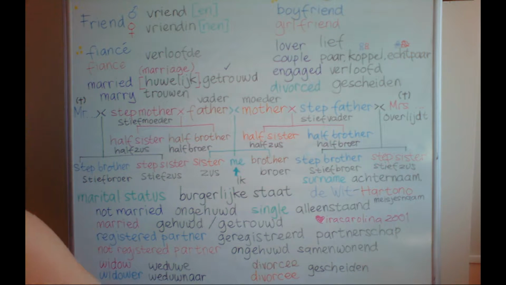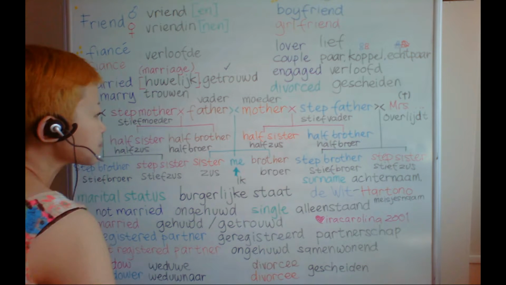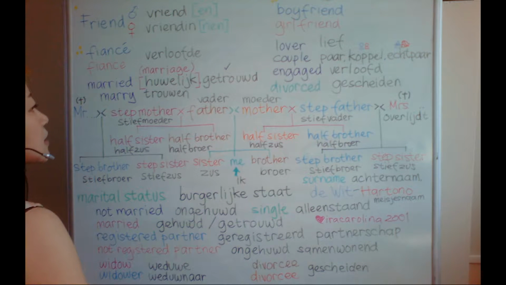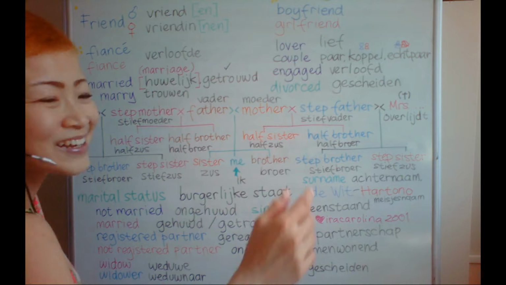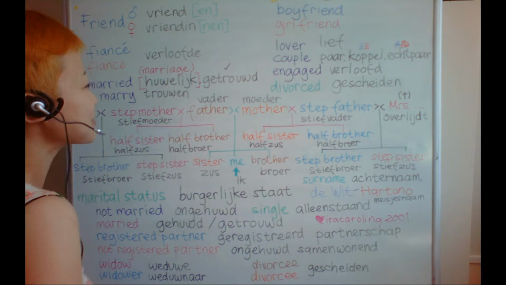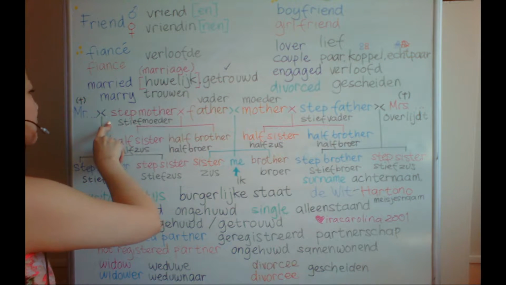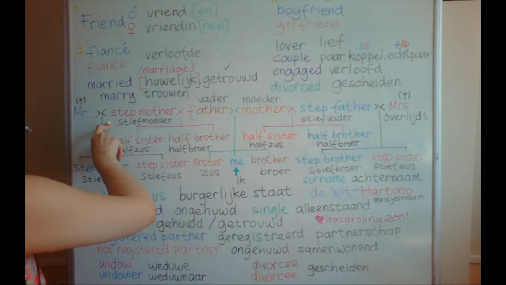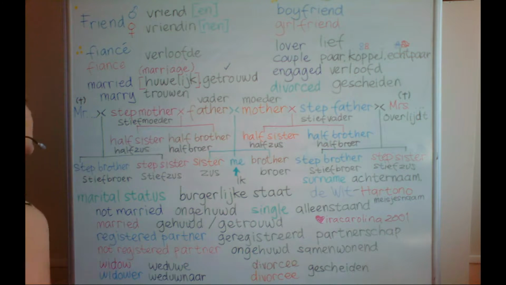Gescheiden. It's the same as divorce. Gescheiden. I have a stepfather. Sorry, I don't know what's wrong with me today. But I try to just continue. I have a stepmother. In Dutch, stiefmoeder. One single word. Stiefmoeder.